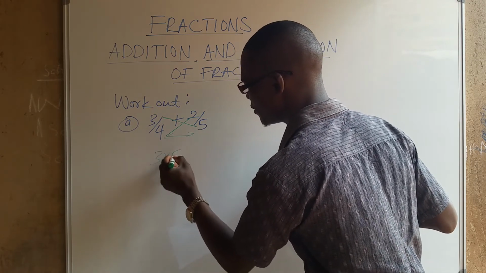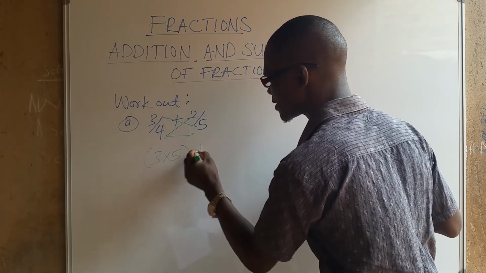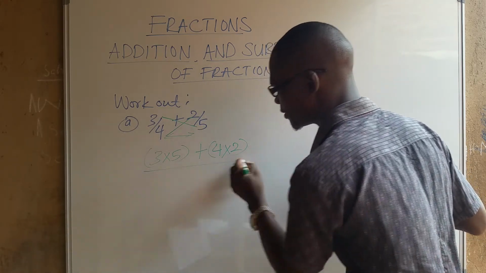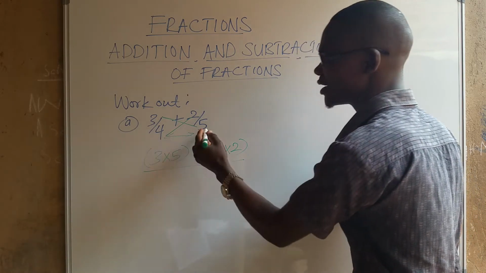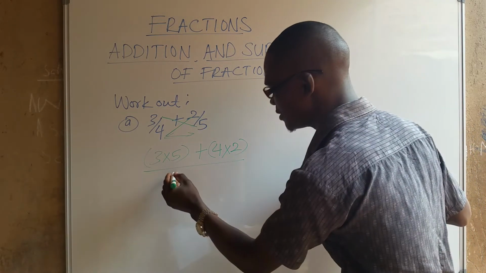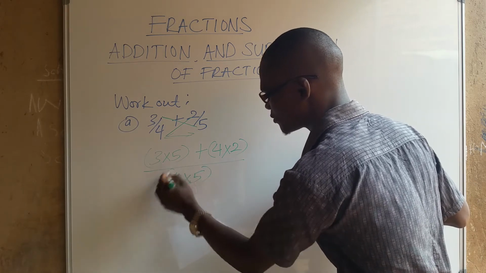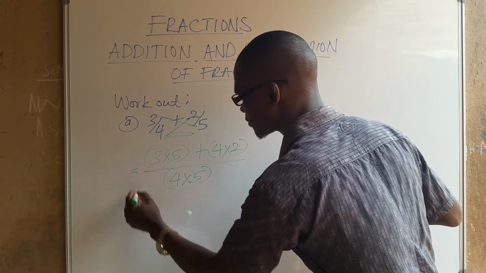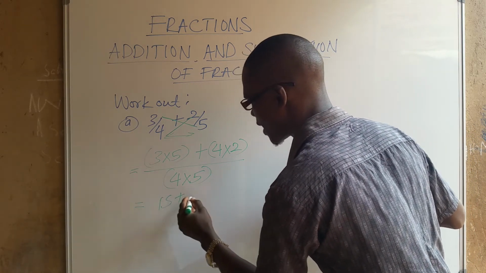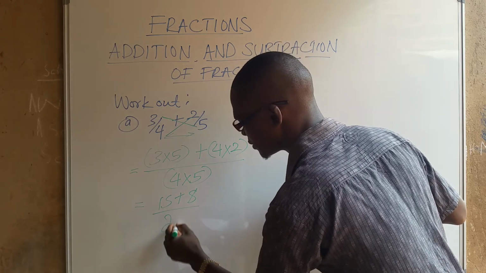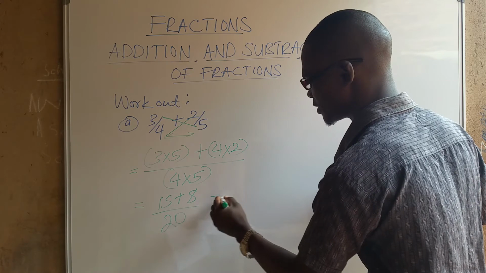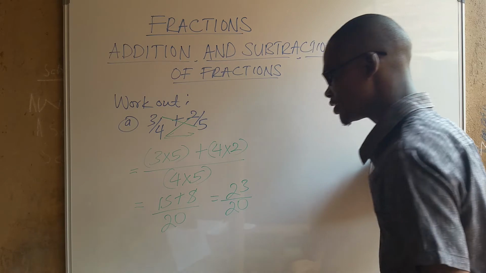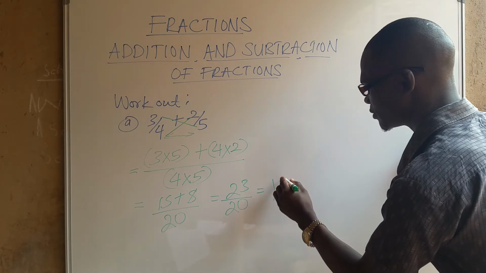That is to say, I'll get 3 times 5 plus 4 times 2 over, we now multiply the denominators together. So that is 4 times 5, which will still give me 15 plus 8 over 20, giving us 23 over 20, which is 1 and 3 over 20.